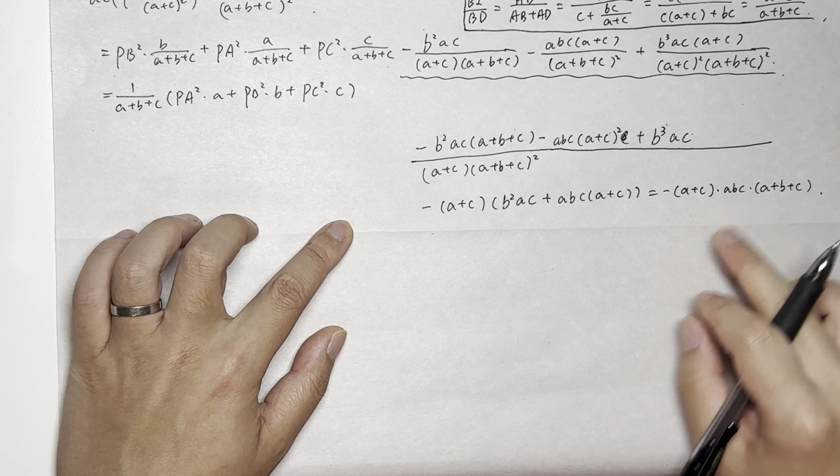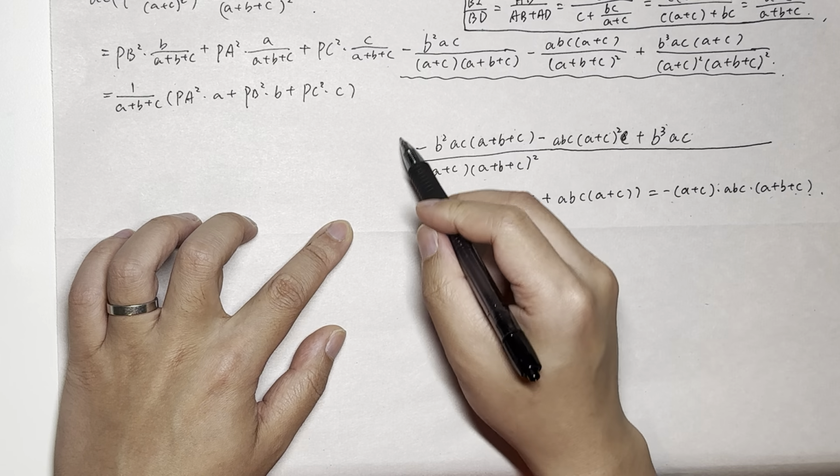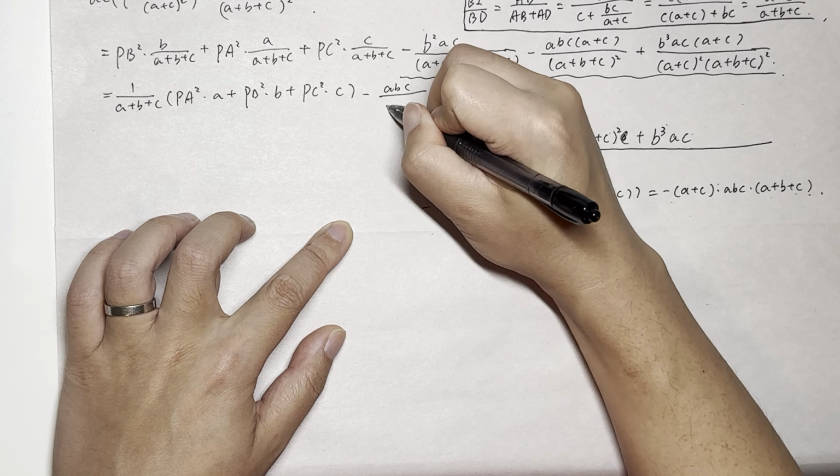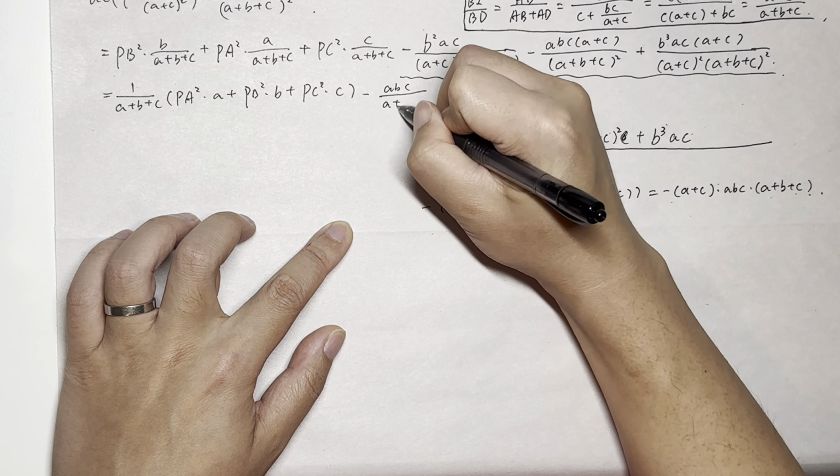Right? So comparing this one to this one, A plus C can cancel A plus C, and A plus B plus C can cancel one of the A plus B plus C here. So eventually we got for this term equals 2 minus ABC to A plus B plus C. Right?